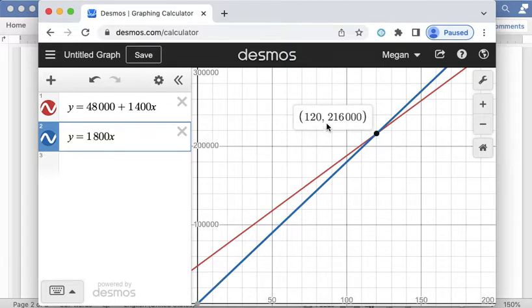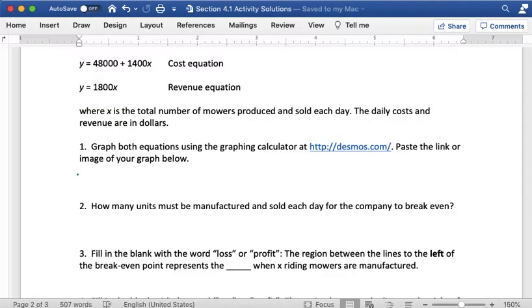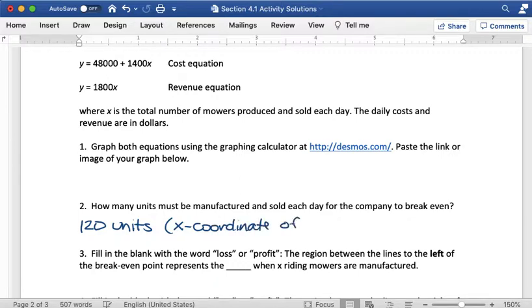My x coordinate there is 120. So my answer for question 2 is 120 units. And I'll write a note to myself that it's the x coordinate of the intersection point.